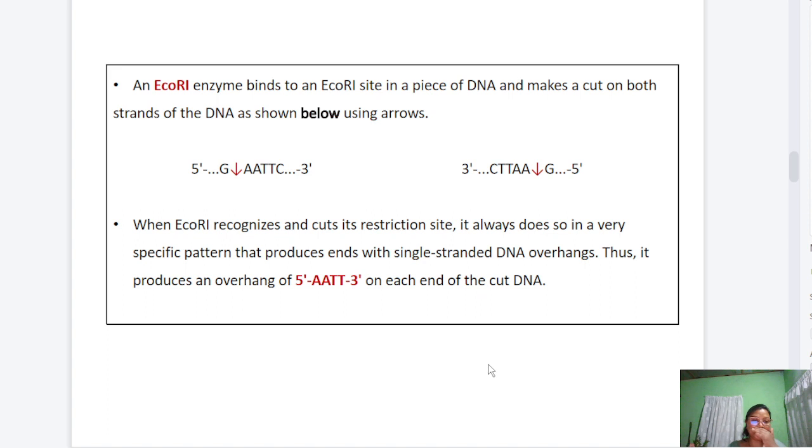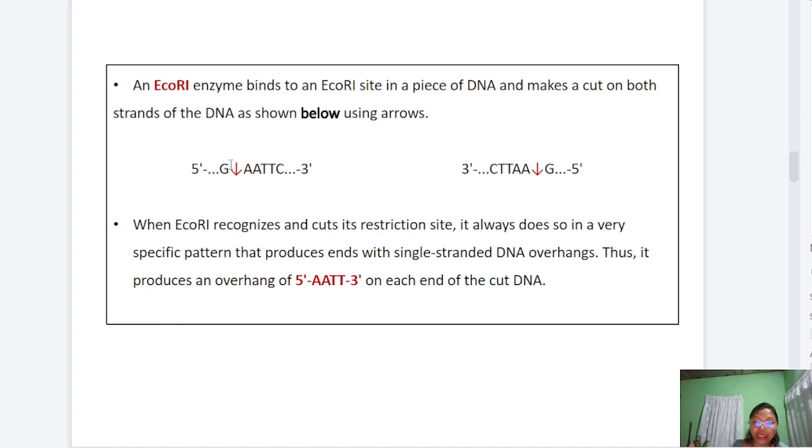Okay. Now, the EcoR1 enzyme binds to the EcoR1 site on a piece of DNA and makes a cut on both strands of the DNA, right? As shown below, the 5' to 3' strand is GAATTC, whereas the 3' to 5' strand will be CTTAAG. But the cut site is the same in both strands.